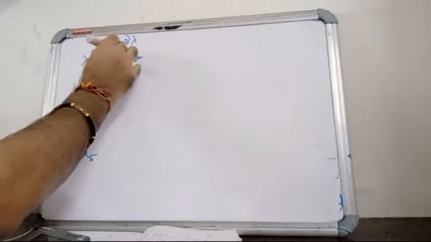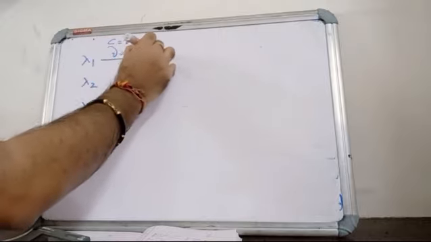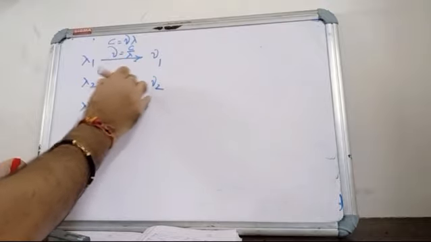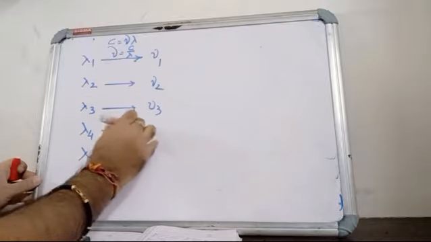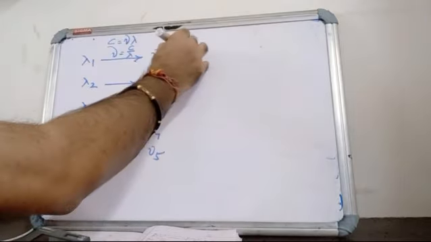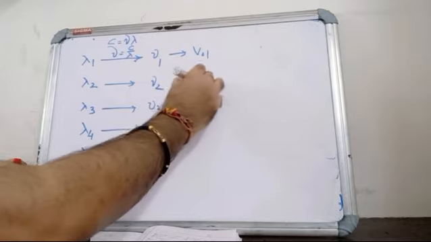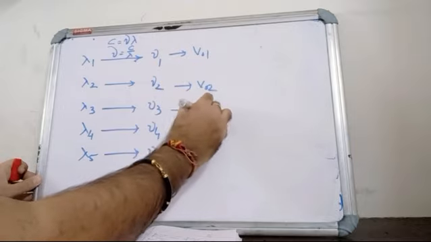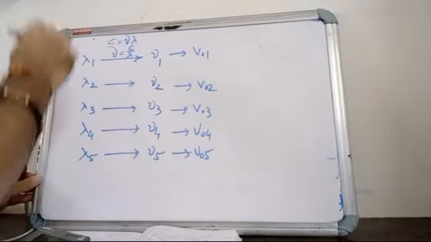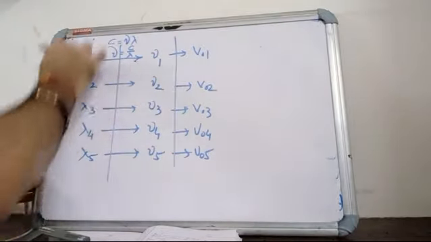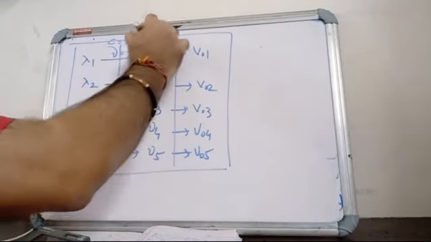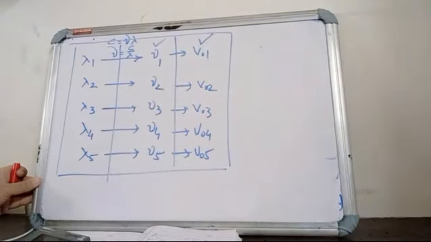So nu is equal to C by lambda. So calculate nu 1, nu 2, nu 3, nu 4, nu 5. We are given stopping potential V01, V02, V03, V04, V05. So we have obtained this data and tabulated it, right? So now I have frequency and I have stopping potential.